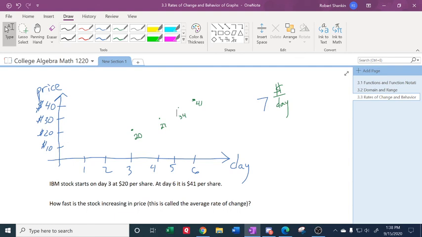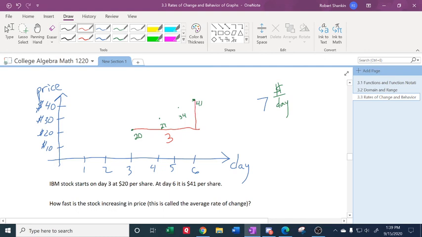Nobody? Yes. I did 6 minus 3, which came out to 3, and then 41 minus 20, which came out to, sorry, hang on, which came out to 21, and then I did the amount of change divided by the number of days, and I got 7.